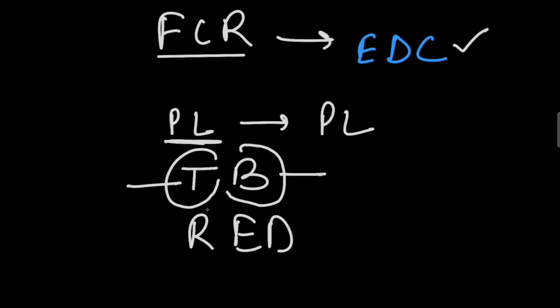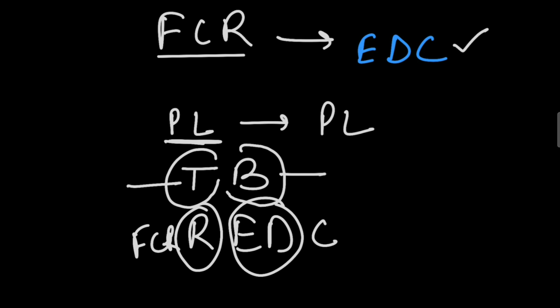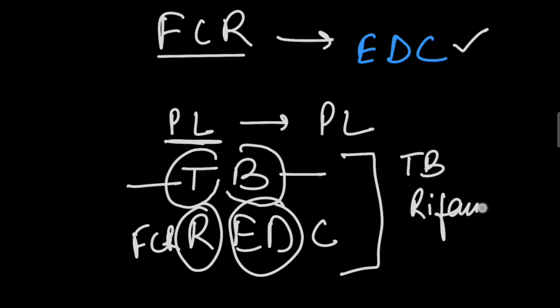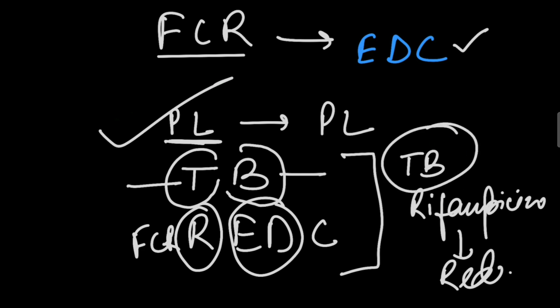Now the third one is your red. Red means your FCR is for EDC. FCR is for EDC. Okay, and this combination is also easy to learn because in TB, when we give rifampicin to the patient, the urine turns orangish red, or we can remember it by red. Okay, so the mnemonic is firstly PL, then TB, and then red.